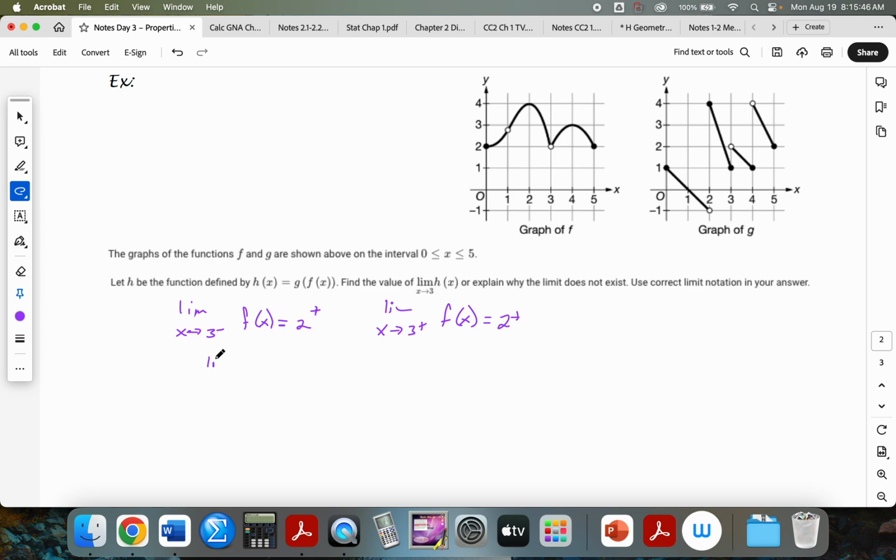So then the limit as x approaches 3 of h of x is the same thing as the limit as x approaches 2 from the right of g of x. Since both the left-hand limit and the right-hand limit of f approached 2 but from the right, values greater than 2. So that's going to be 4.